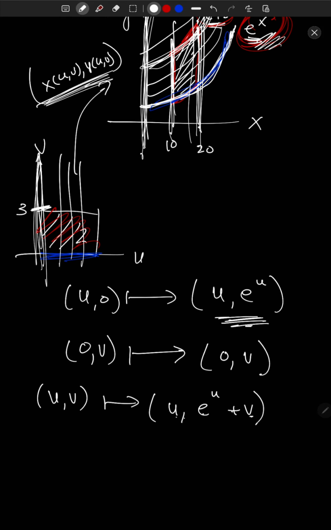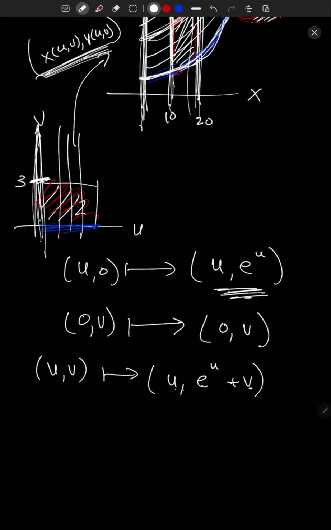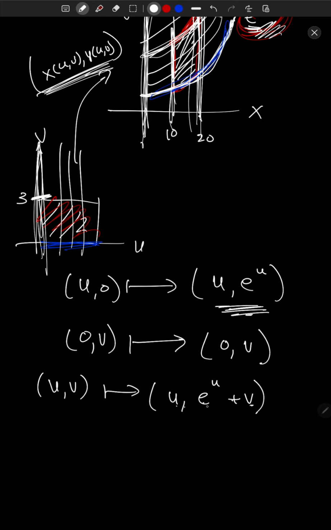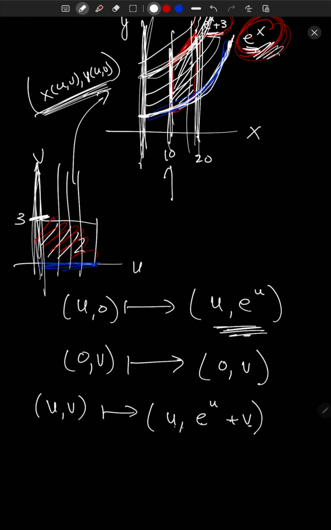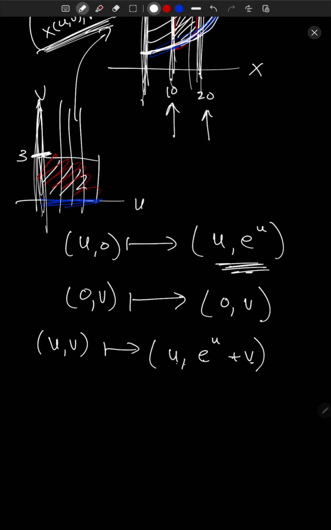When u is constant, when u is 10, for example, here we're trying to integrate from 10 to 20.